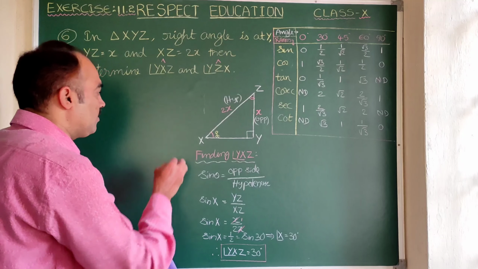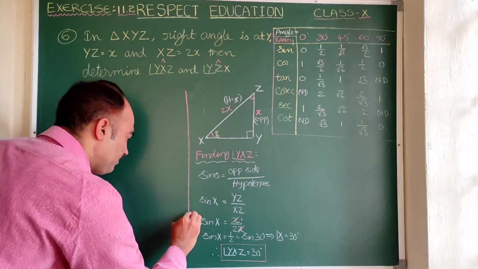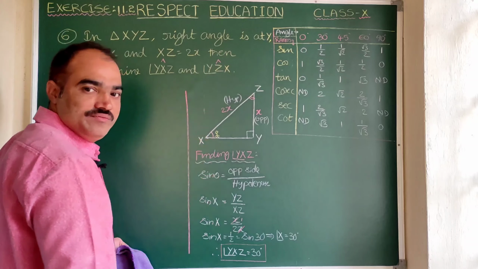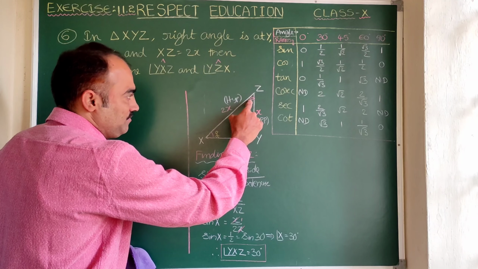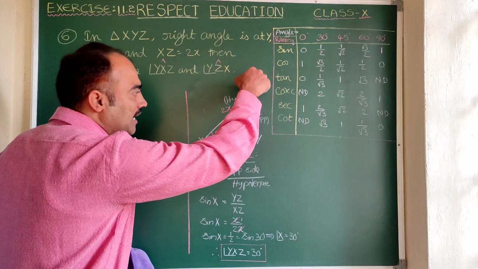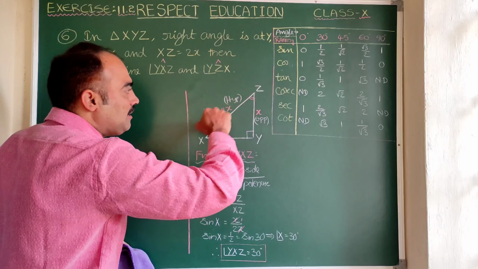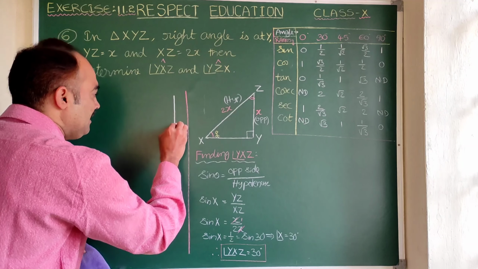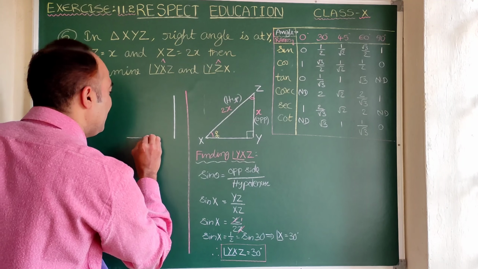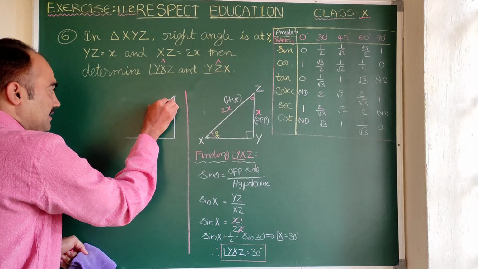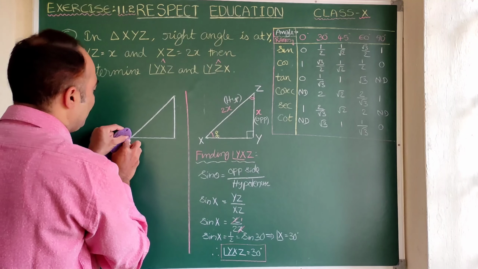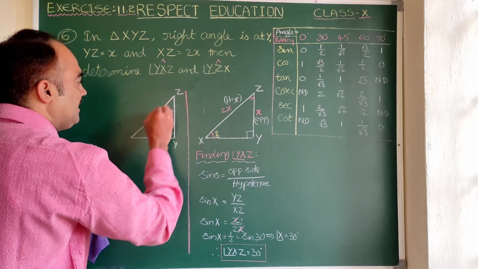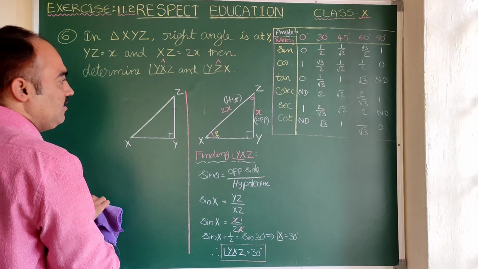Clear? Now we are going for the second part. In the second part, you have to take the angle at Z. If you stand at Z, then this side becomes the adjacent side and this side becomes the hypotenuse. So not to disturb this, let us draw once again. This is ZY and this is XY and this is XZ. Now let us label the same: Y here, Z here and X here, and the given values also.